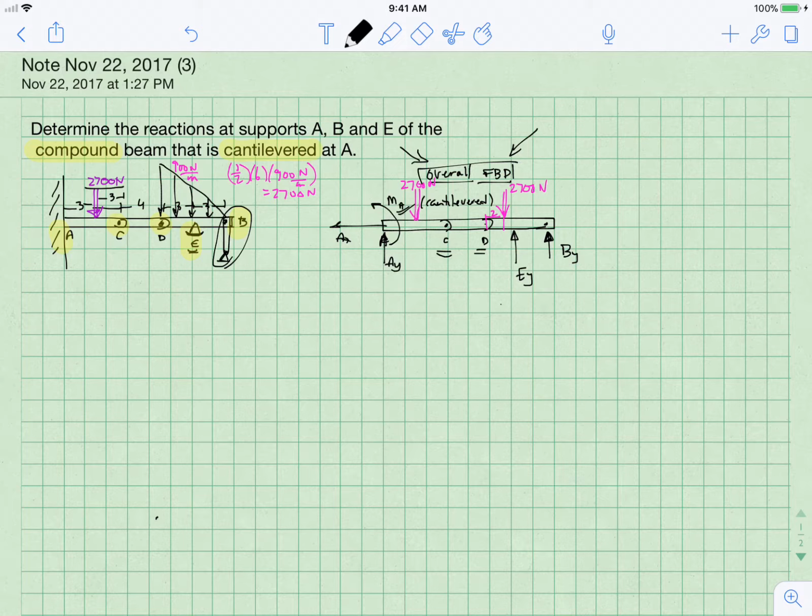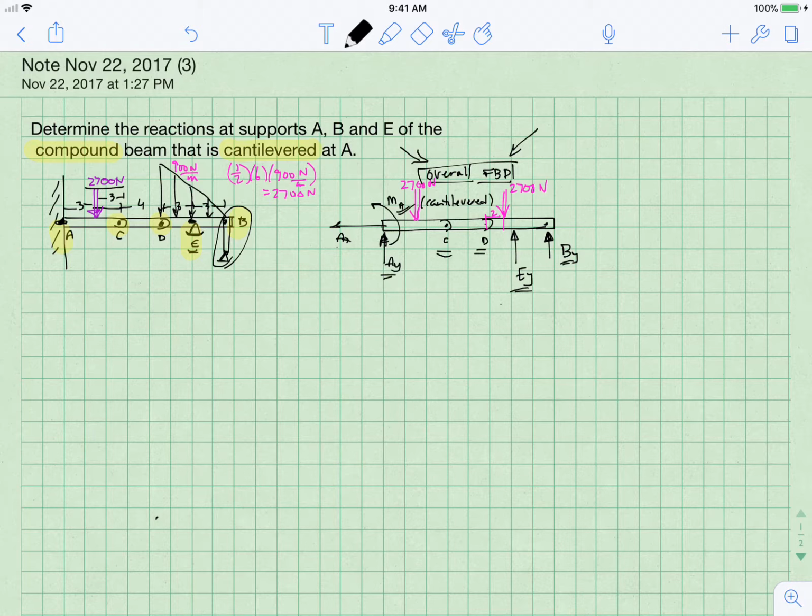However, the beam is touching the outside world at A, so we have to consider all these things. It's got those two loads on it, and it's touching the outside world at E and also at B. That's why we include all these things, but don't do anything at C or D yet.